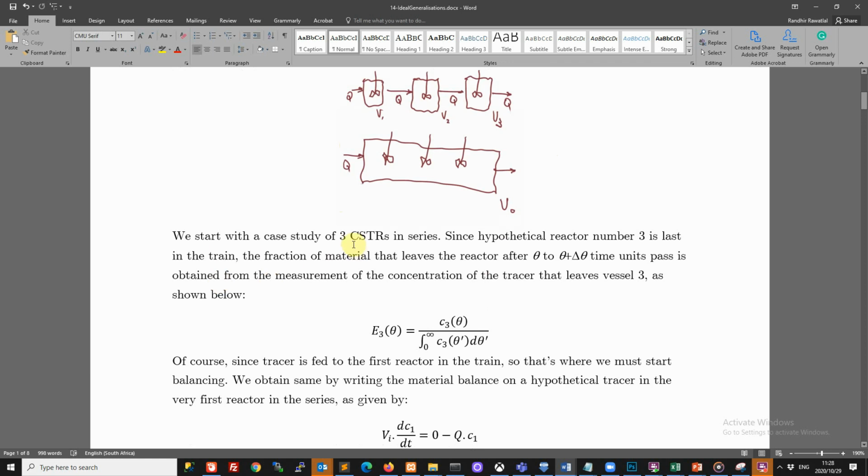So let's first model just three CSTRs in series, and of course we'll go on to generalize that later.